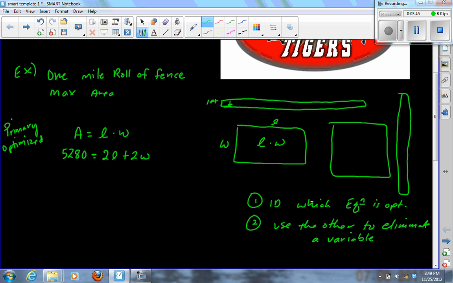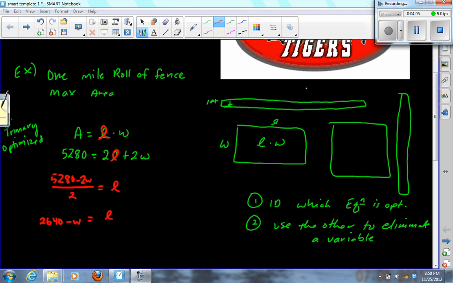It's just going to make taking our derivative a little bit easier if, instead of writing an L here, maybe I solve this other one for L and I write what L is equal to. Like L is equal to 5,280 minus 2W over 2, which is the same as 2640 minus W. Divide both of these by 2.